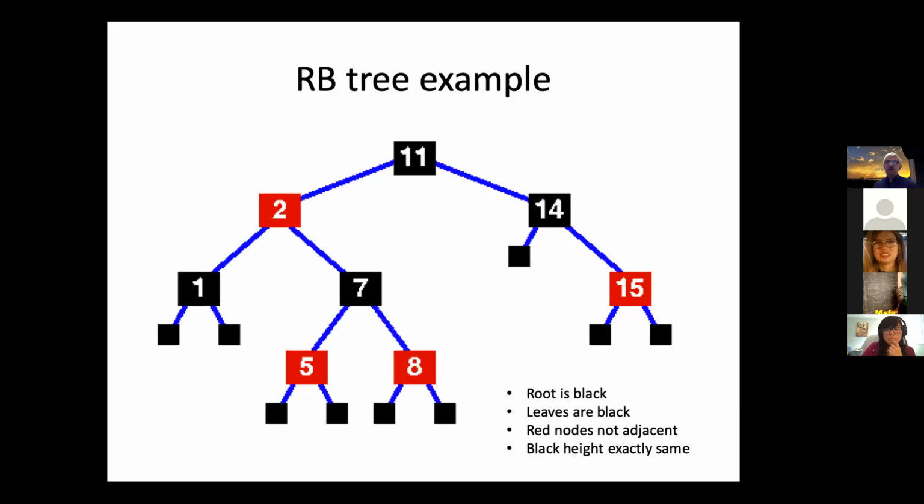The important properties are the last two, that say that the red nodes are never next to each other. You will never see a red node having a parent-child relationship. They may be siblings, but they are never connected to each other by an edge. And finally, the most important one, which says that the black height is exactly the same. What does that mean?